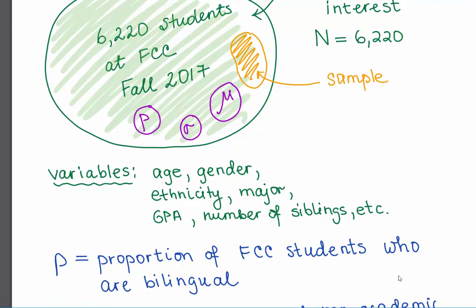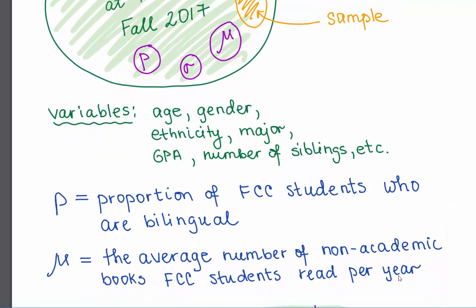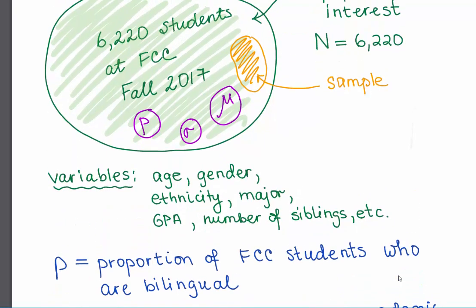Let's say I am in particular interested in the proportion of FCC students who are bilingual. And one more thing I'm interested in is the average number of non-academic books FCC students read per year. So these are some of the characteristics of my population.